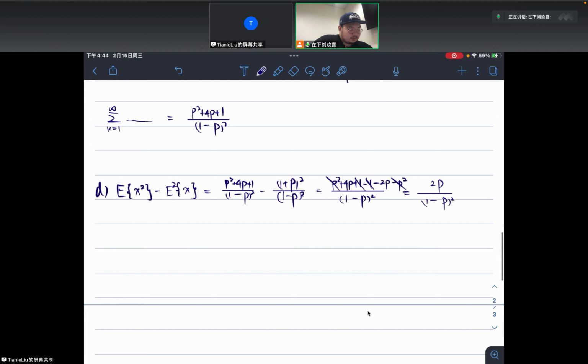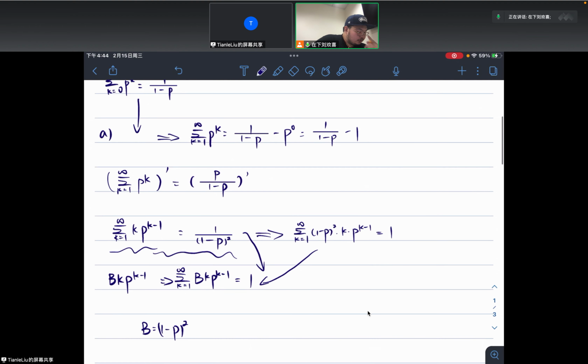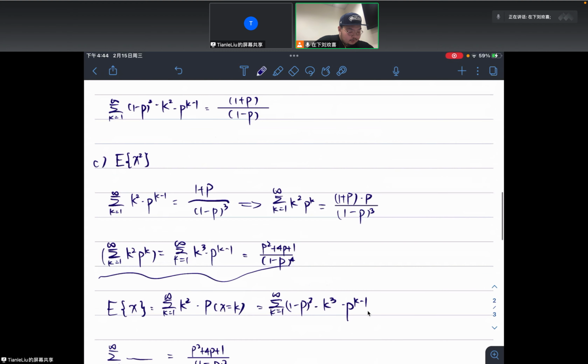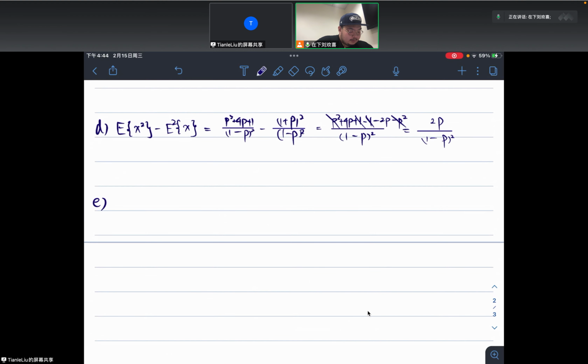And the last part, E, asks us, with p equals 1 over 3, to find the conditional probability mass function. So now we have P(X equals k) given X larger than or equal to 2 and less than or equal to 5.